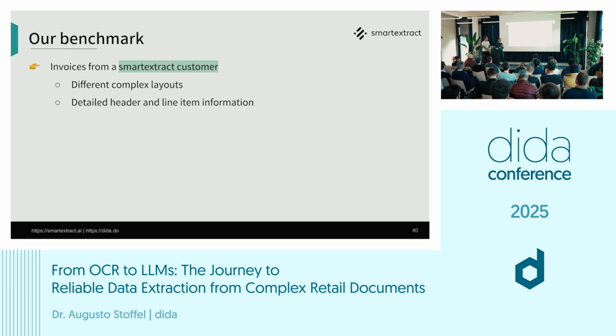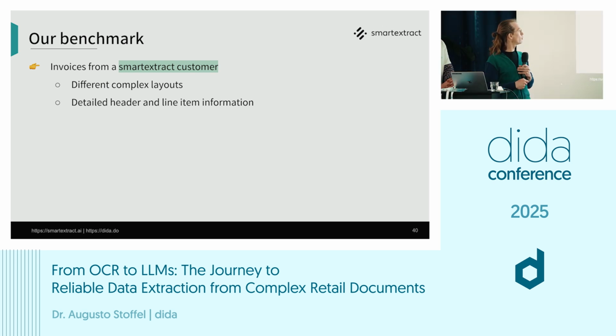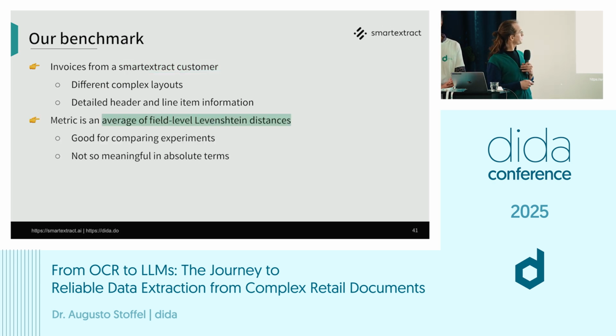And these are, again, these commercial invoices that have a lot of little details and different vendors with different formatting. And we ask for reasonably detailed information about the header and the line items. Okay, so it's quite a complete dense extraction. Not a very simple problem.